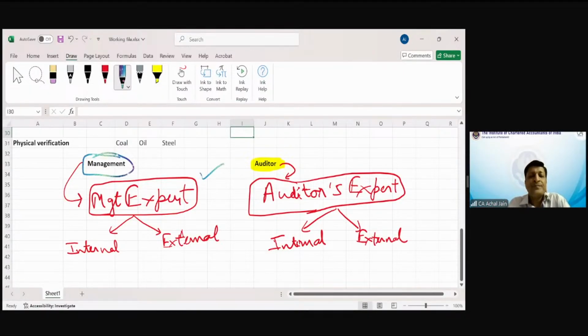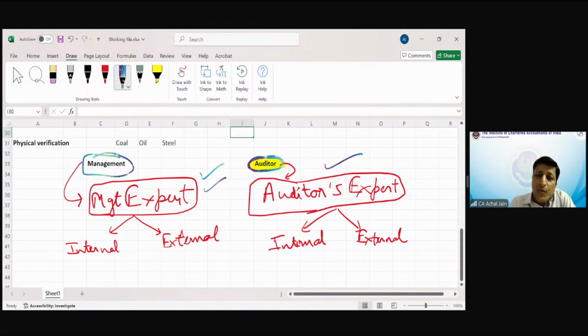Once the management expert is involved or the auditor's expert is involved, in both cases there are separate auditing standards. I'm sure you would have covered that already. And whether it's the management expert or the auditor's expert or both of them, eventually the responsibility will continue to remain with the auditor.